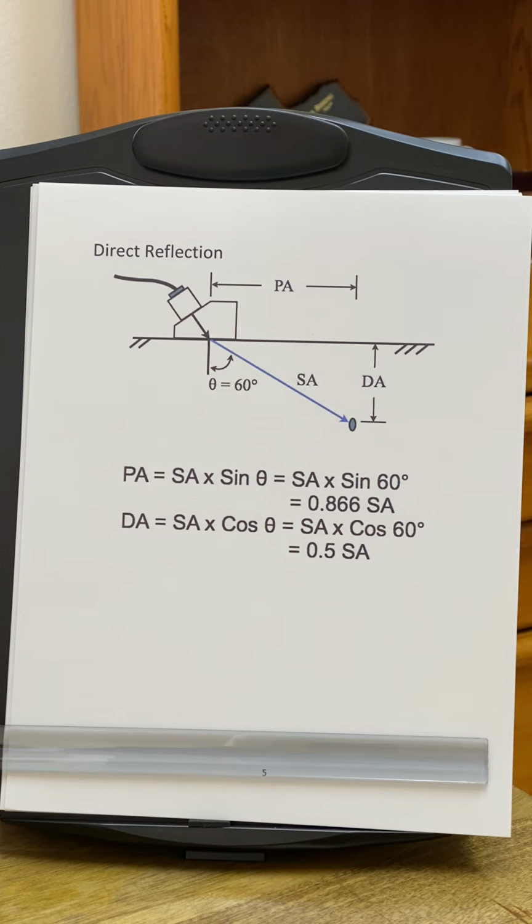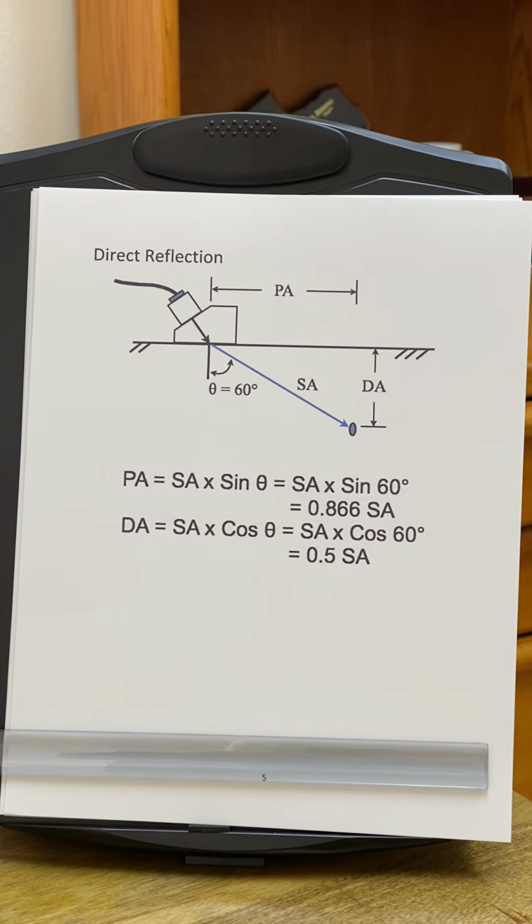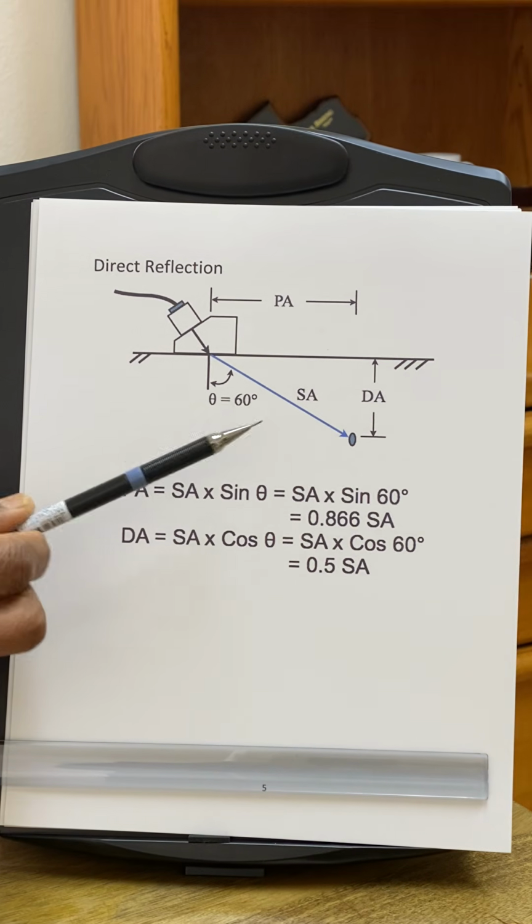Here is the way angle beam inspection is done. It's done using ultrasonic shear waves, and we use a probe with a certain refracted angle.